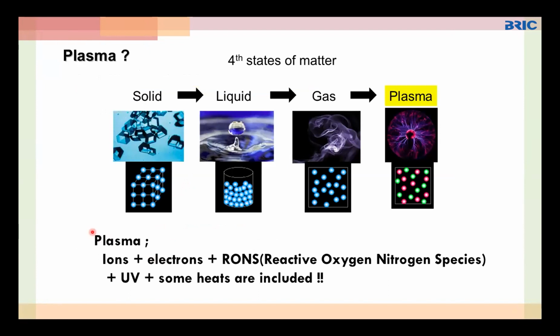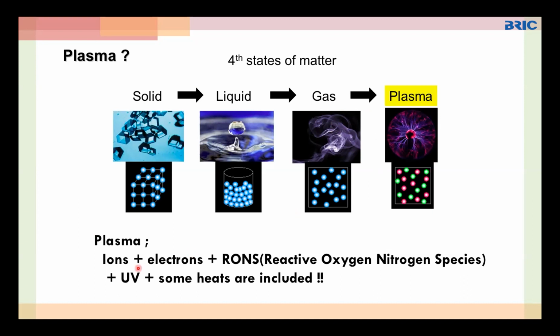What is plasma? You all may know about it. It is not blood plasma. It is a physical plasma, you can say. It's a fourth state of matter. Like solid, liquid, gas, we have three states of matter. Further, if we give energy to gas, we can make plasma. That is the fourth state of matter.